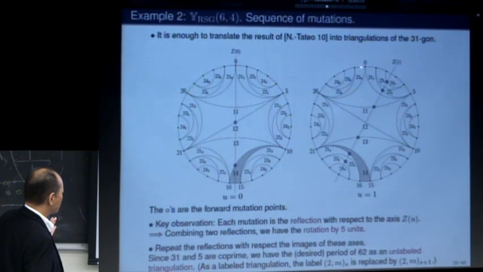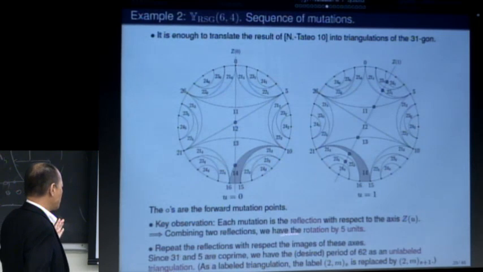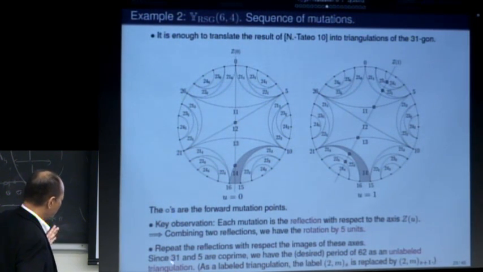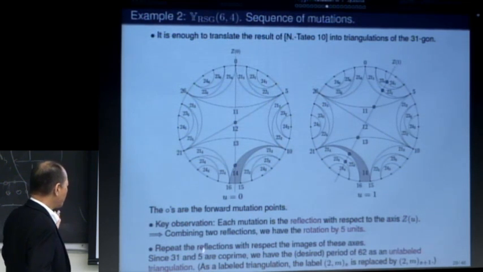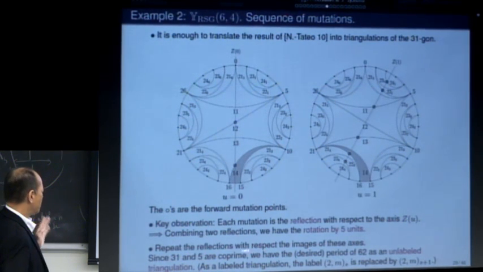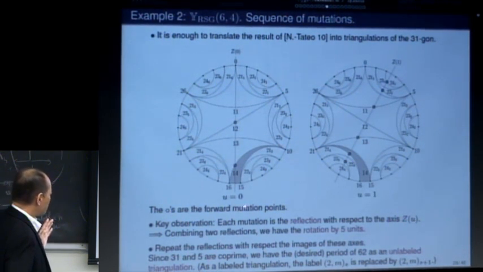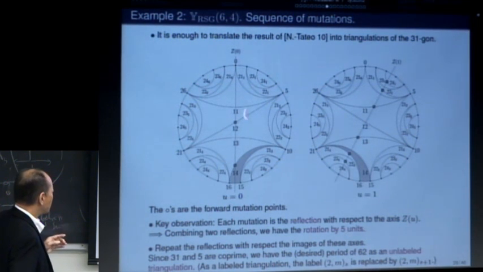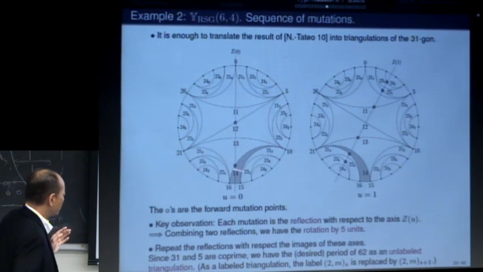And in this case, a rotation by unit 5. Unit 5 is good because 31 is a prime number, and in particular 31 and 5 are coprime. So each 2 steps, we have a rotation by 5. So you have to make 62 mutations to come back to the same figure.